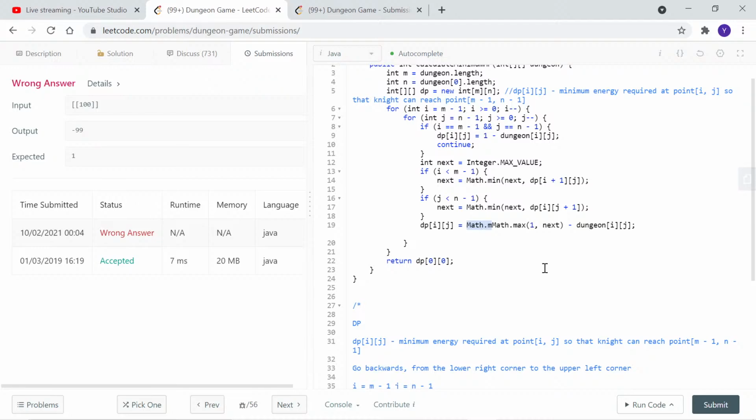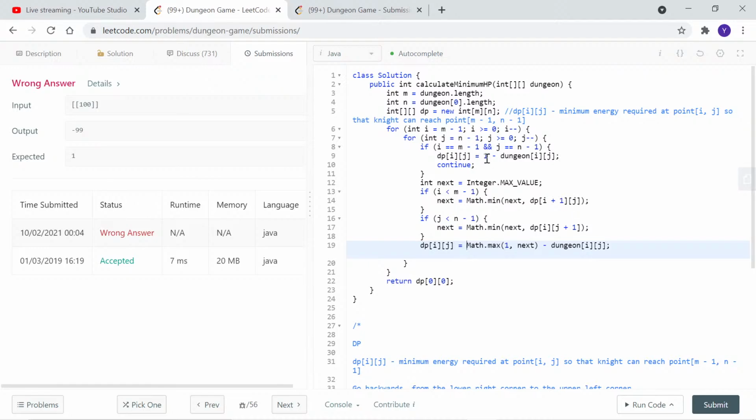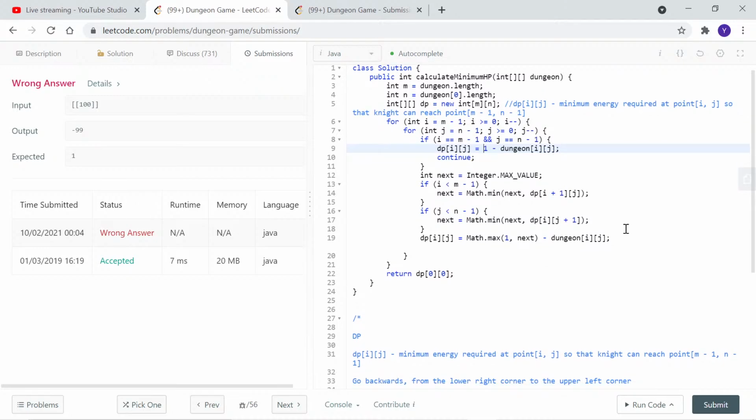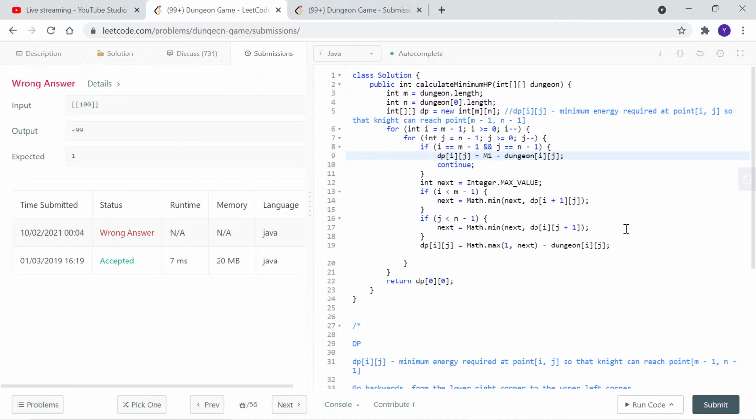I think here we also need to have a max of 1 minus dungeon, so this value cannot be smaller than 1. Let's try this again.